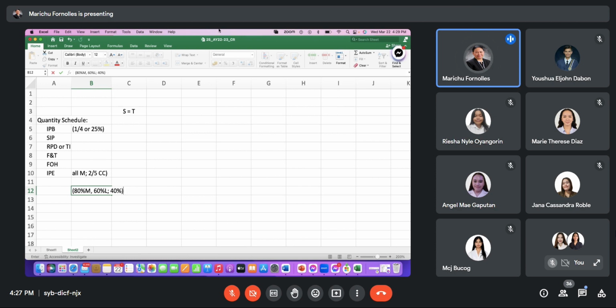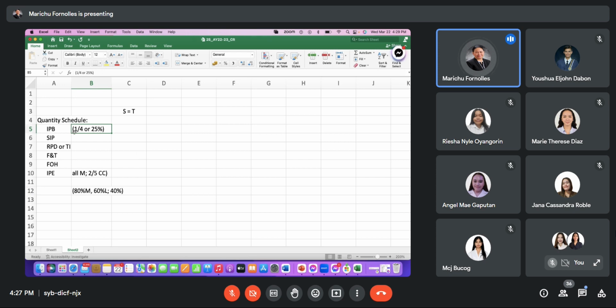So with this first parenthetical notation, kung fraction lang or percentage lang nakabutang, wala naka-indicate ang materials, labor, and overhead, that is assumed to be uniform or even application of materials, labor, and overhead.